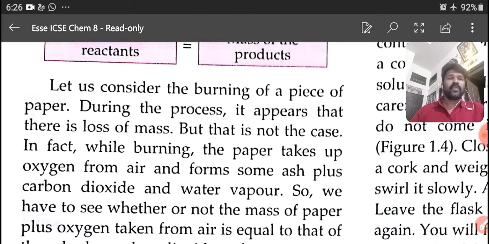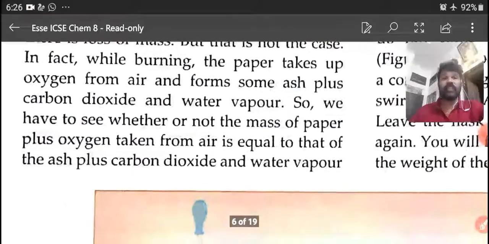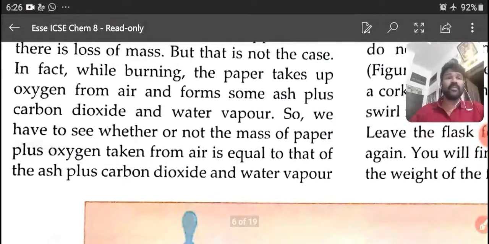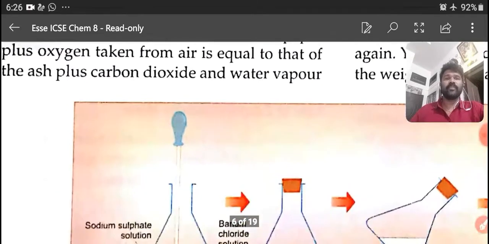So we have to see whether or not the mass of paper plus oxygen taken from air is equal to that of the ash plus carbon dioxide and water vapor.